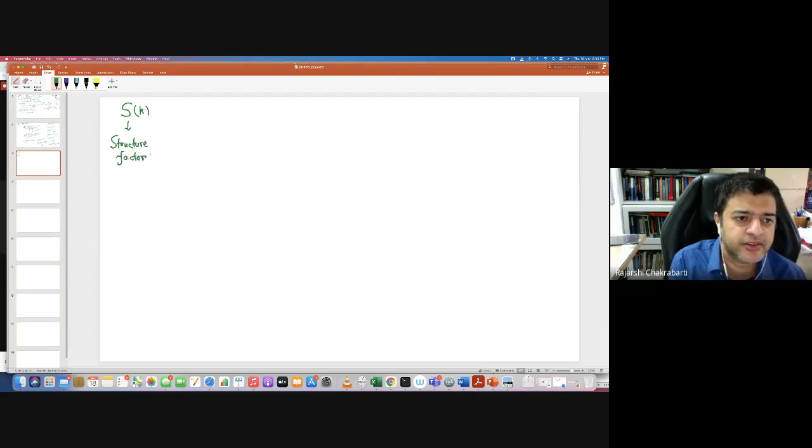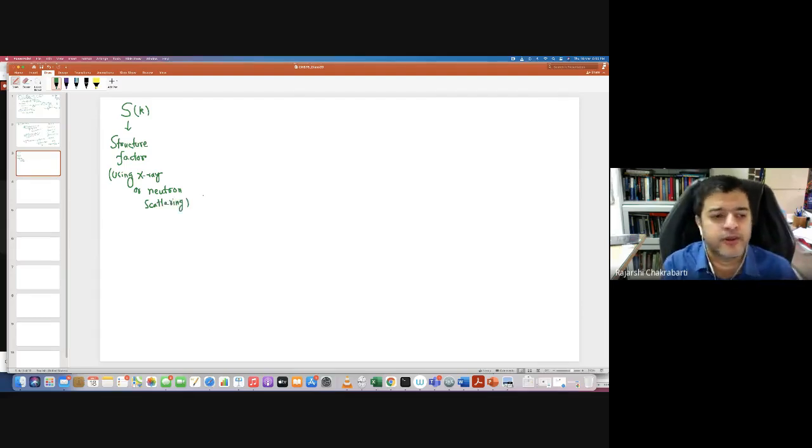And this is measured using X-ray or neutron scattering. Why X-ray or neutron scattering? Because you're dealing with this liquid structure, so the length scale is around an angstrom, no? So that's why you need X-ray or neutron scattering.